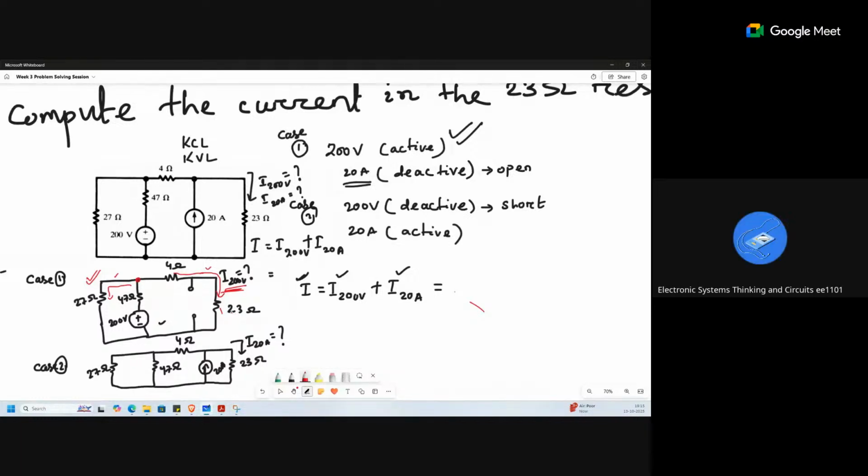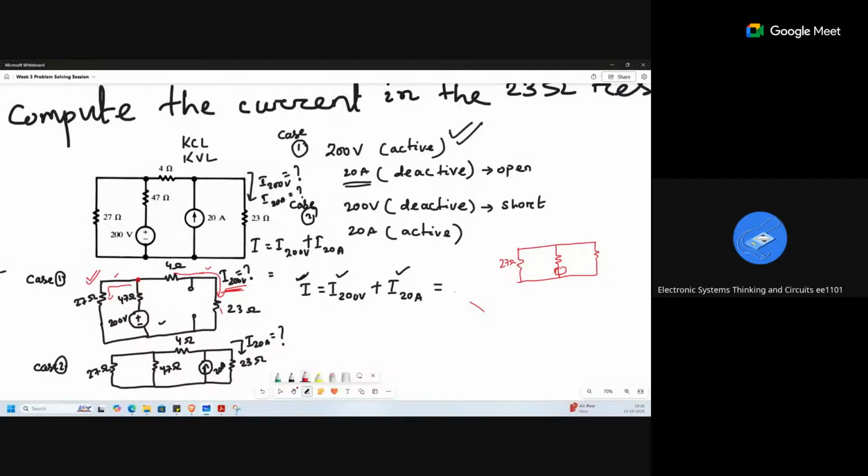So which way do I have to go? Can anyone answer? Up to that I am fine. This is 27 ohm and this is your 27 ohm.